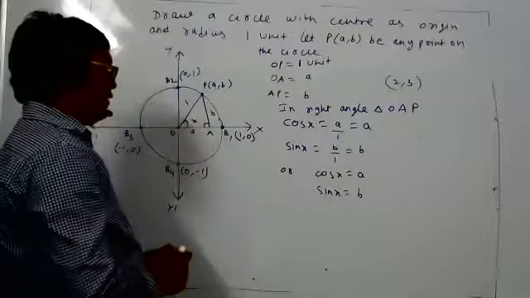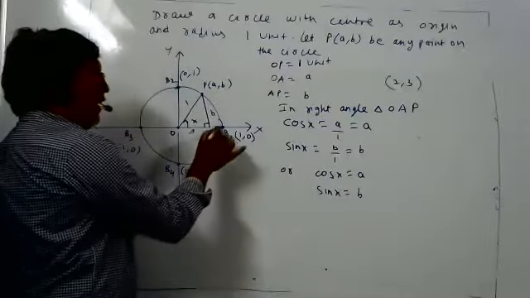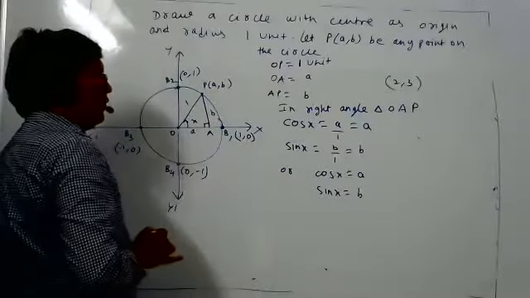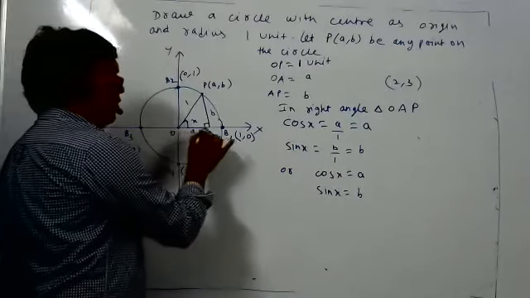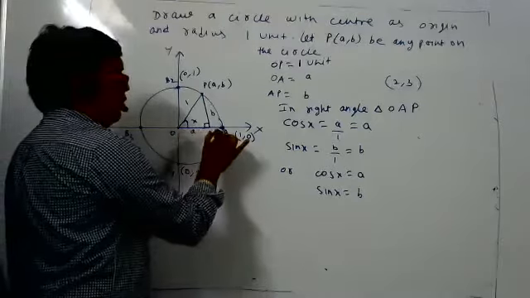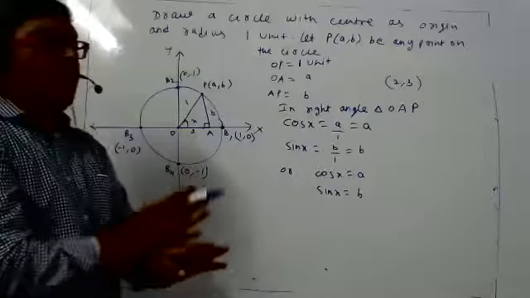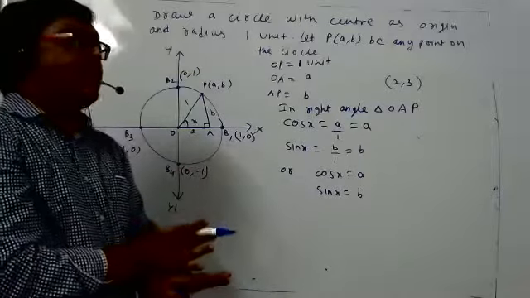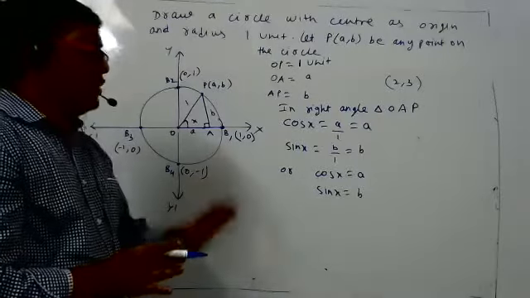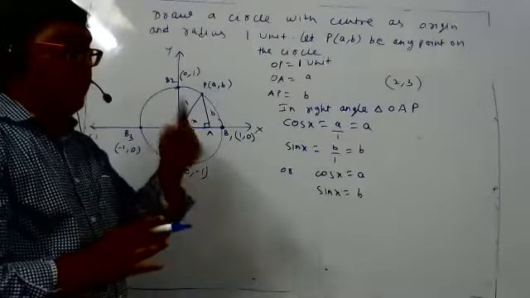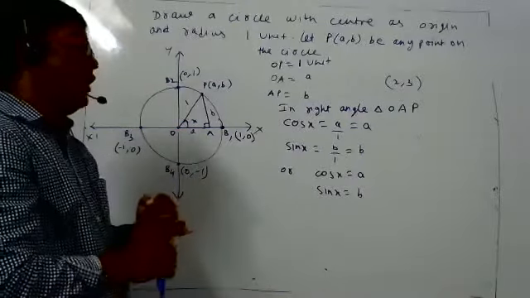By that logic, x means the angle here. What is the angle at B1? 0 degree, because both the initial side and terminal side coincide. Recapitulate: x coordinate means cos x, y coordinate means sin x.